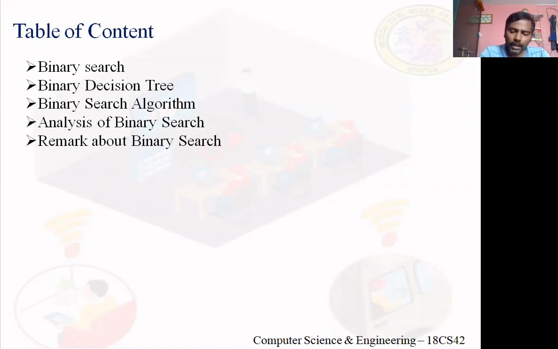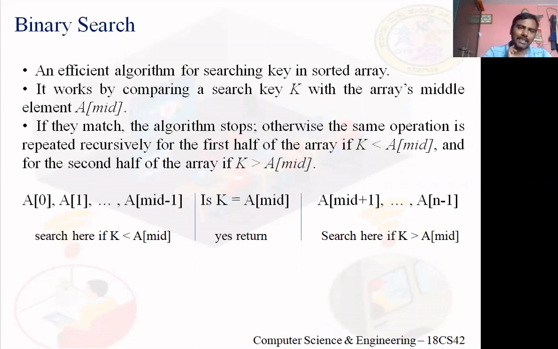Coming to binary search: it is searching for a key element in a sorted array. The condition for binary search is that the input array should be sorted in ascending order. It's an efficient algorithm for searching a key in a sorted array.